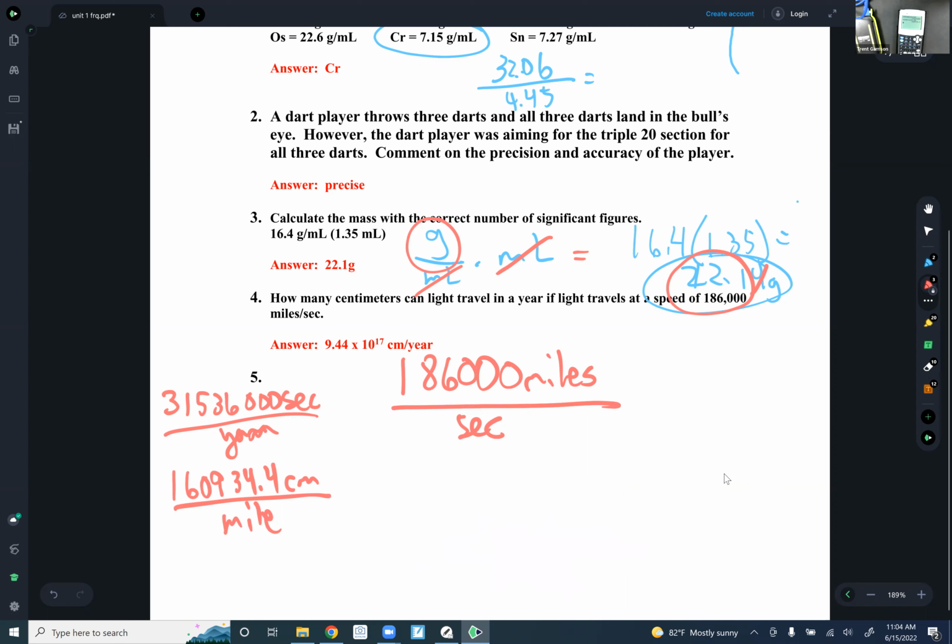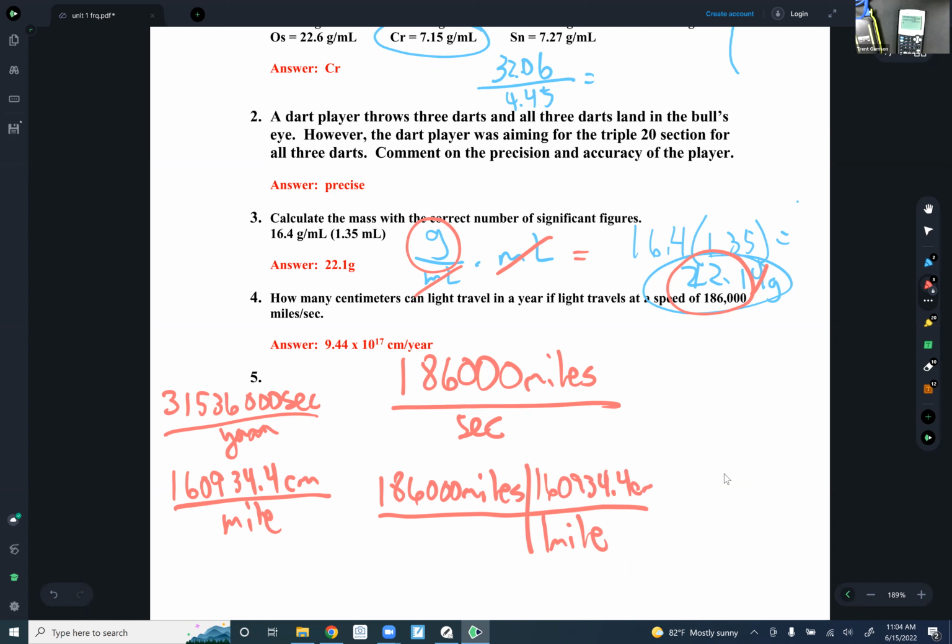So I have 186,000 miles. Well, my conversion that I know for miles to get it into centimeters is for every 1 mile, there is 160,934.4 centimeters. Move this out of the way, sorry.